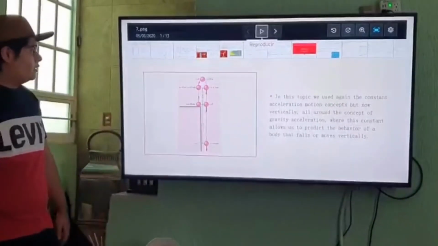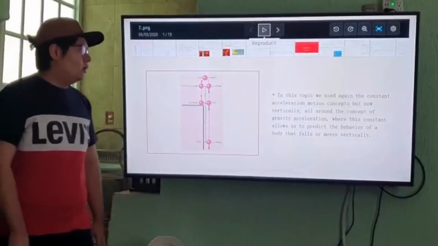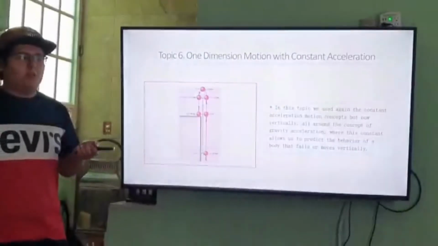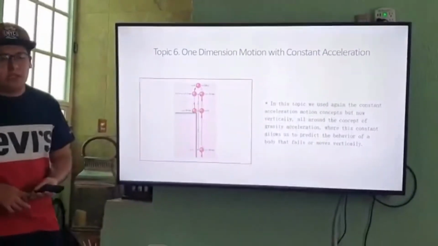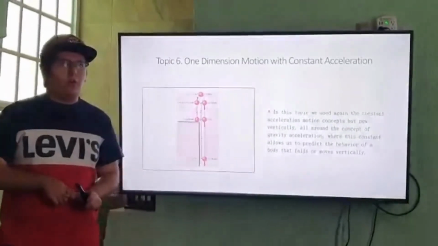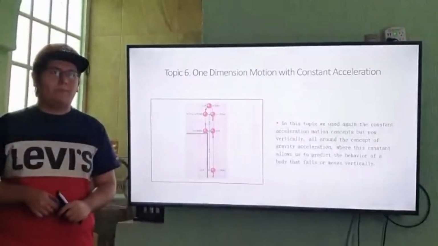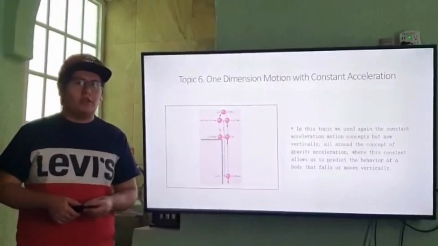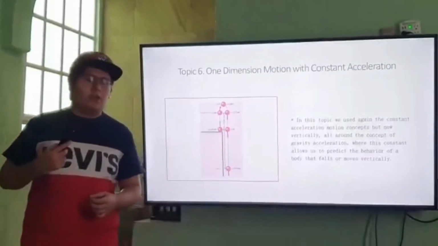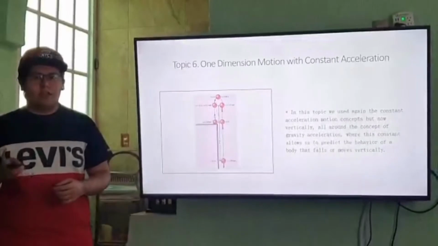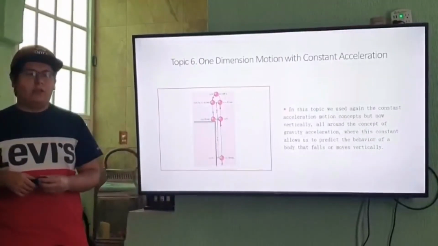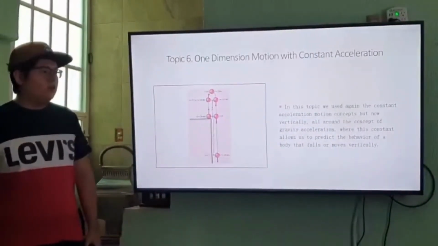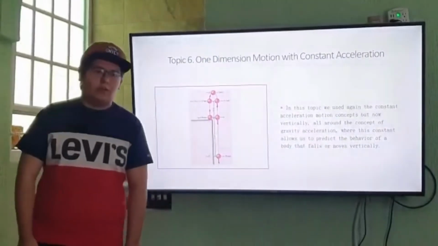Topic 6 talks about constant acceleration, but now in vertical form. For this, we use the same as topic 5: acceleration, speed, distance, displacement. But now we need to consider also the gravity, because as we throw an object in a vertical form, the object has a gravity that is 9.8, and we also need to know the initial velocity and the final velocity.